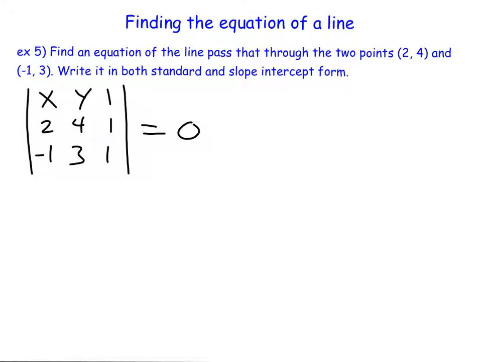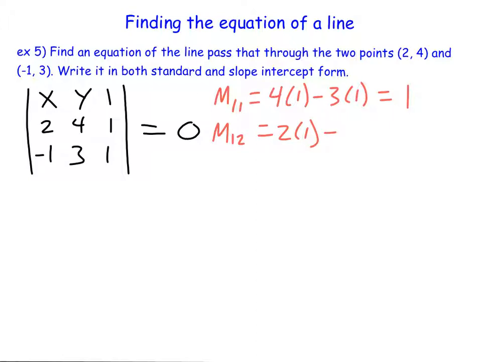Now, a great place to start is I have some minors that I need to find. 4 times 1 minus 3 times 1. 1, 2 would be 2 times 1 minus negative 1 times 1. You always have to be really careful with negative signs when you're doing determinants.